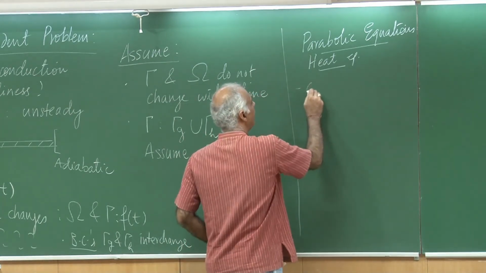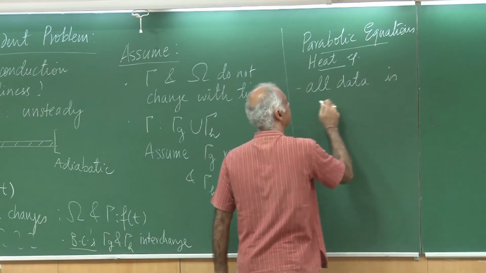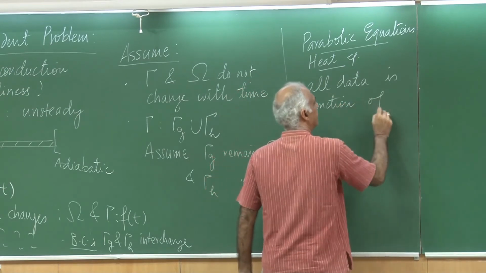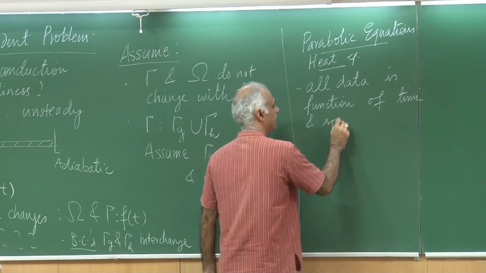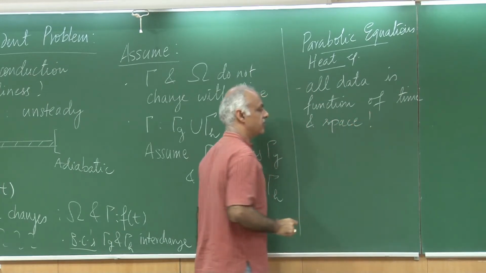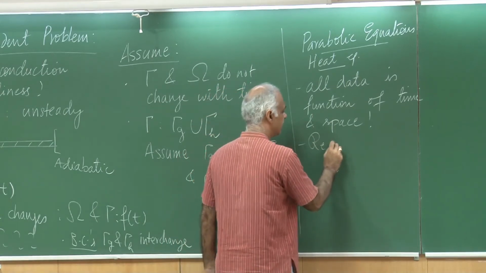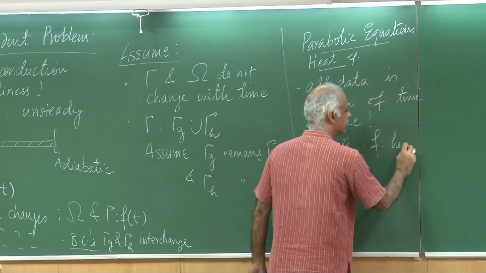So, now all data is a function of time and space. So, this is the first change that we see. So, kindly recall that F was the heat source.